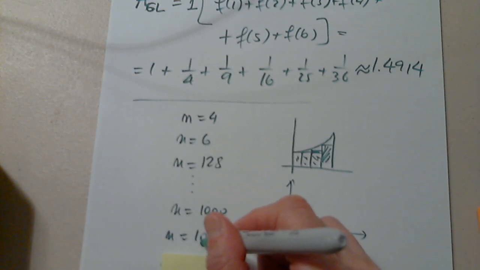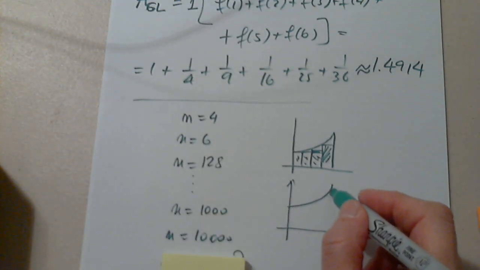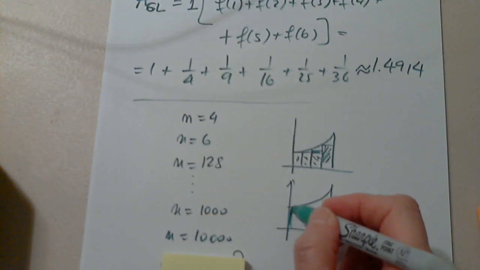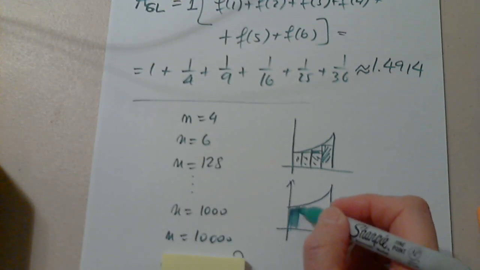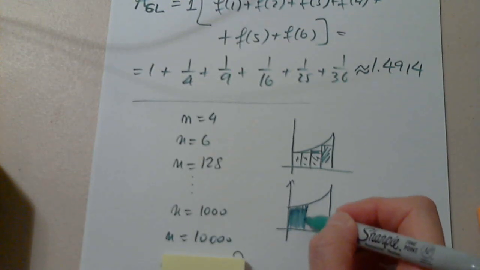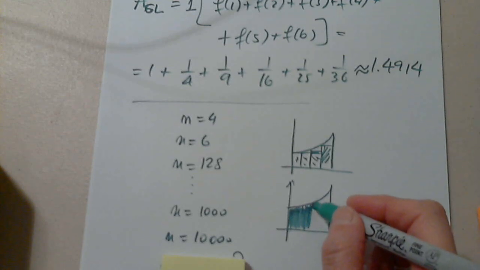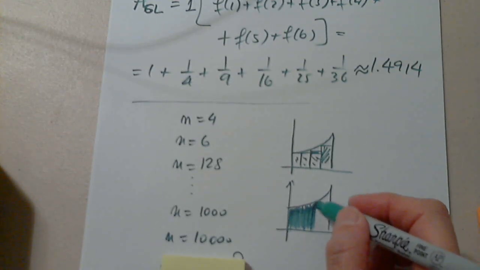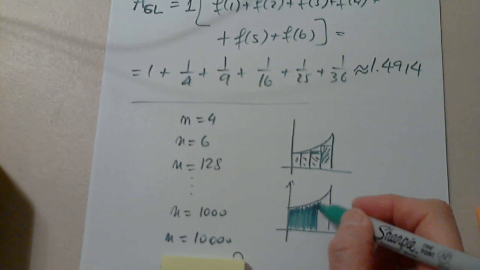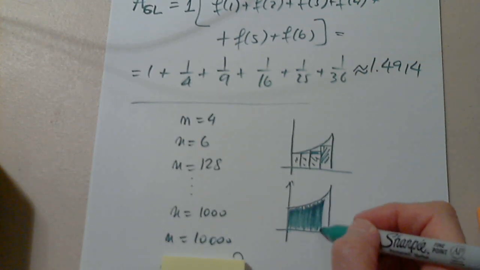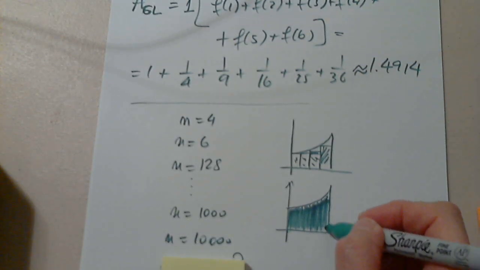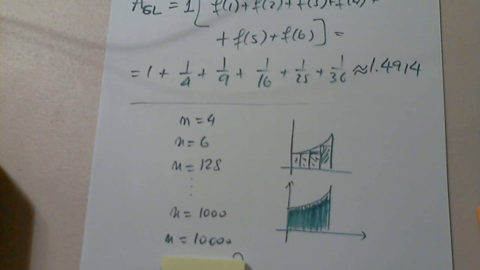What if I have 10,000? Of course, I don't have 10,000 here, but I cannot make them thinner than this. Which one will be the better approximation? 4 or 10,000?